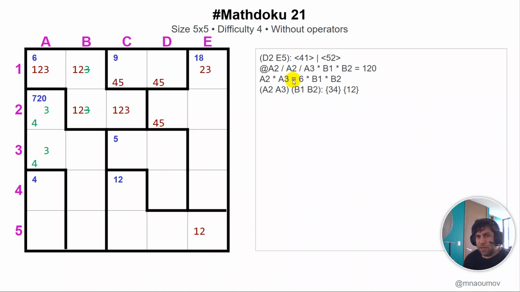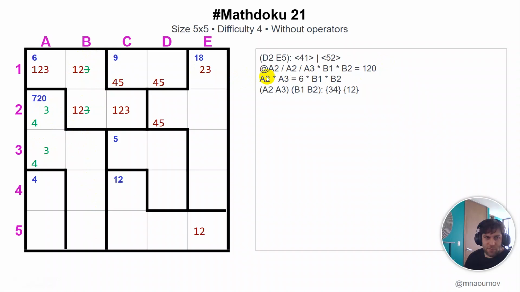Now let's look at another interesting technique, similar to what we had at the beginning. If we look at a cage of all the cells, divide by the value of those two cells and multiply by the value of those two cells, it's going to be the product of all cells in column B, which as we know is 120.